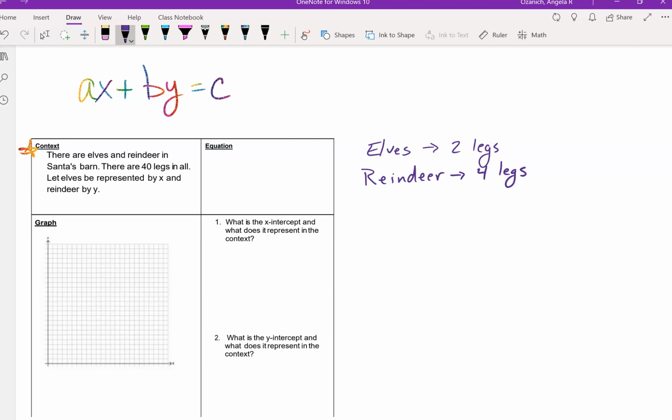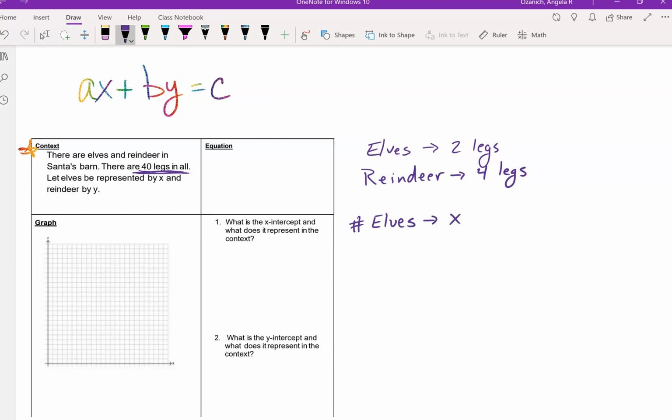It says there are 40 legs in all. Oh my goodness. Okay, 40 legs in all, and there are elves and reindeer in Santa's barn. It looks like we are going to have to figure out the possibilities for the number of elves.